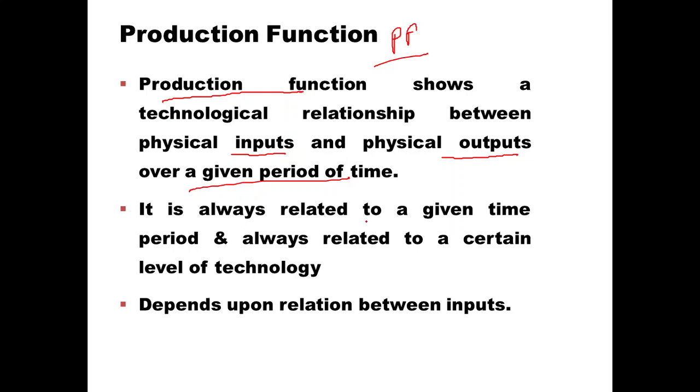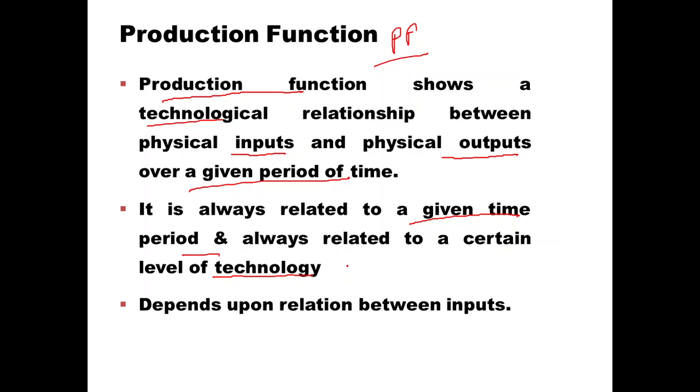It is always related to a given time. Whenever you talk of production function, it is related to a time period and to a certain level of technology. You change the time or the technology, and the technical relation between input and output changes, because in different time periods the factors can be changed differently.